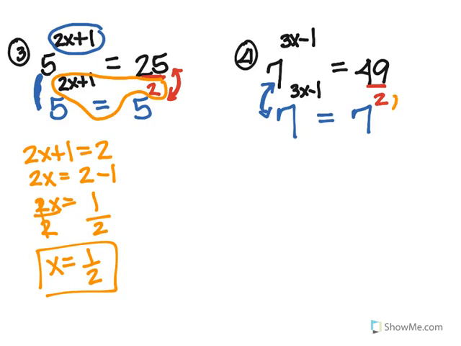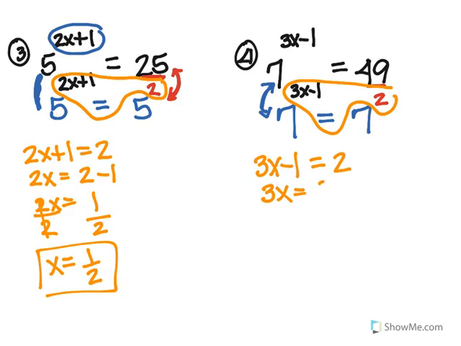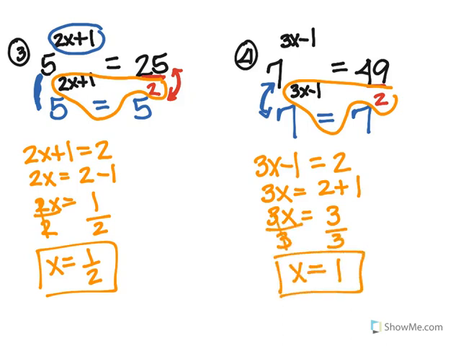And then you just set your exponents equal to one another. 3x minus 1 equals 2. So I'm going to add 1 to my 2. That will give us 3. Divide by 3. X equals 1.